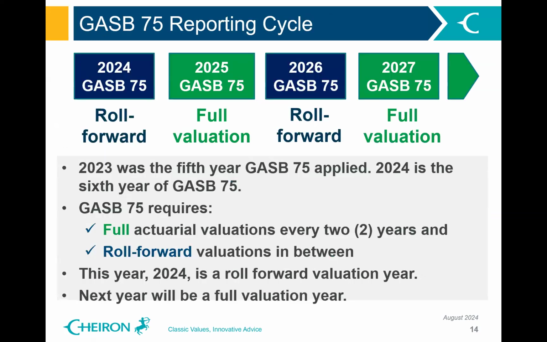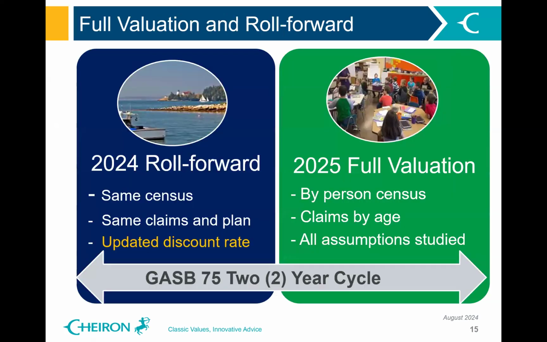So this year, what are we doing? Well, we're doing a roll forward valuation, and next year we do a full one. Every other year we do a full valuation because it's required by GASB 75. So this year's a roll forward, next year's a full valuation. What does that mean? Well, for the roll forward, we use the same census we used a year ago. We use the same claims and all the assumptions that go with projecting them a year ago.